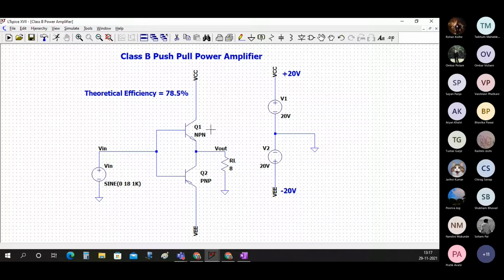Now, first you construct this much circuit and post it in your chat box. Then we will do some adjustments, and then we will be ready to do some calculations. Once done, write done in the chat box. I will give you some time to draw this. Okay, Rohan, very good.